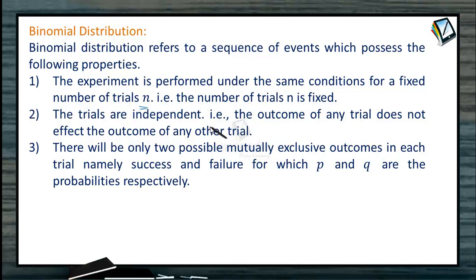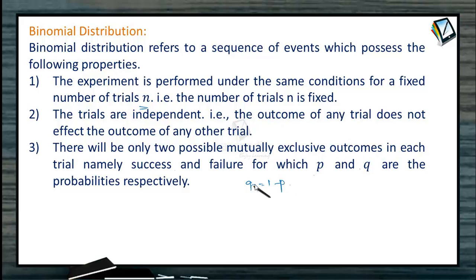The trials are independent, that is, the outcome of any trial does not affect the outcome of any other trial. There will be only 2 possible mutually exclusive outcomes in each trial, namely success and failure, for which small p denotes the probability of success and small q denotes the probability of failure. That q is nothing but 1 minus p.